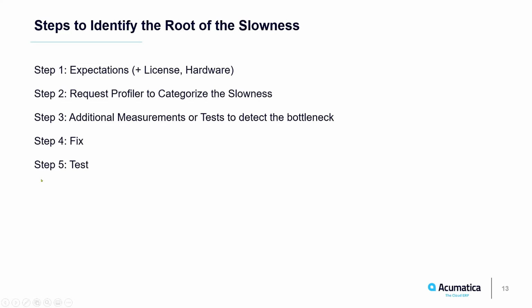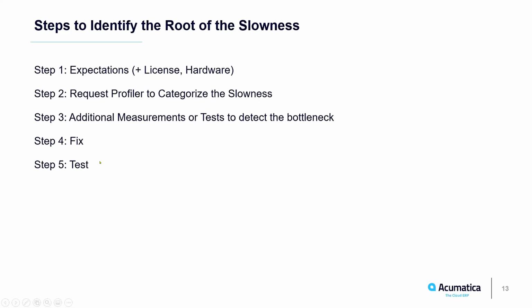So step 5 is also important because, first of all, there may be more than one bottleneck in your application, and you may detect one and fix it, but then there may be another one that becomes visible only after you fix the first one. And second, it helps you to understand whether you have actually fixed the bottleneck or not, and to compare your test results with your expectations.